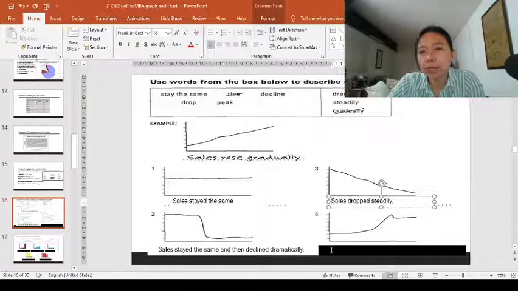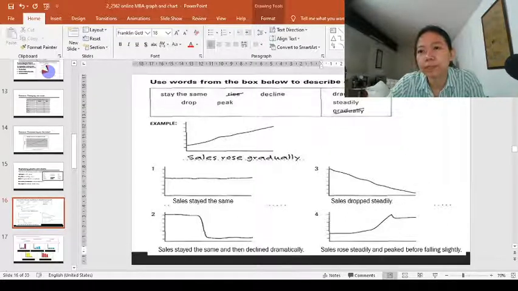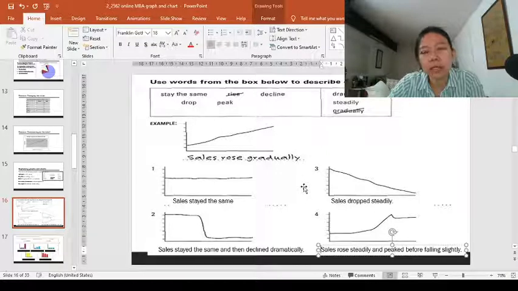So you can write something like this: at the beginning, sales stay the same, and then sales rose steadily and peaked before falling slightly or before dropping slightly. So here is how you use subject, verb, and adverb to explain line graphs.